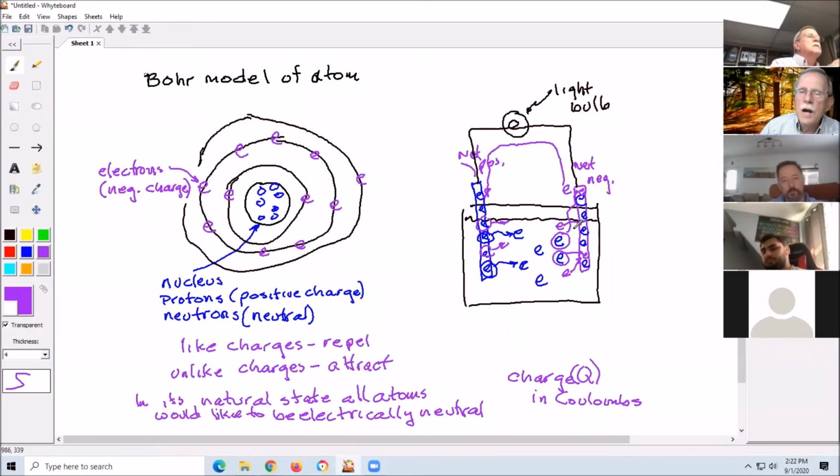Okay, so there's a couple of important takeaways here. The first is that it's a chemical reaction that causes the electrons to leave one plate and go into solution or into the chemical, in this case it's a solution, and causes electrons to go into the other plate. That's what gives us our net positive terminal and our net negative terminal.